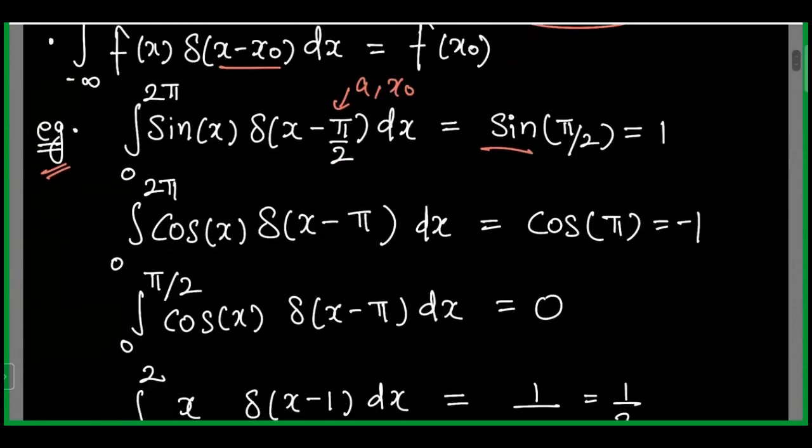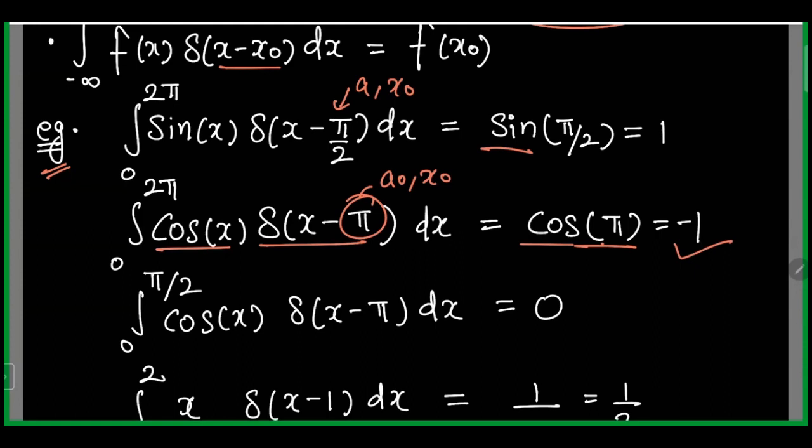Your limits are again 0 to 2 pi, your function is cos x, and your Dirac delta function is δ(x minus pi). Now pi is a, or x naught. So the answer is cos, and in place of x I put the value of a, which is pi. So cos pi is minus 1. Very nice. This is how we solve these integrations.